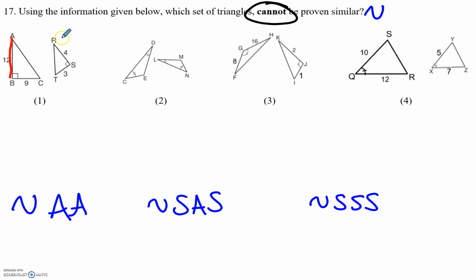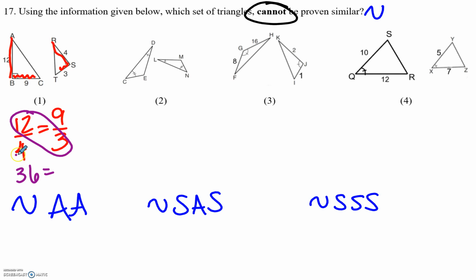We have 12 and 4 as the corresponding side. So 12 over 4 is equal to 9 over 3. So we could go 12 divided by 4, which is 3, or 9 divided by 3, which is 3. Or we could say the cross products should be equal. So 12 times 3 is 36. 9 times 4 is 36.